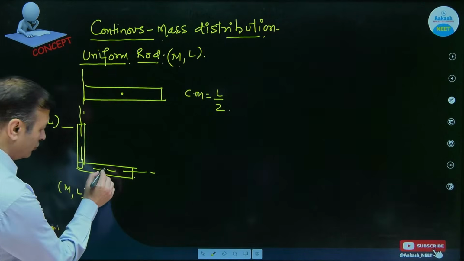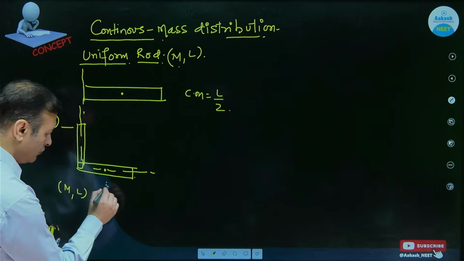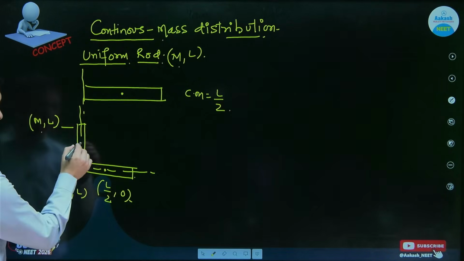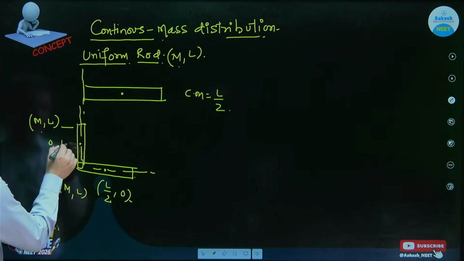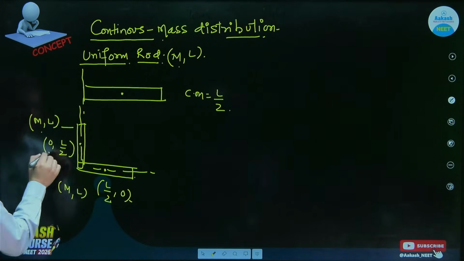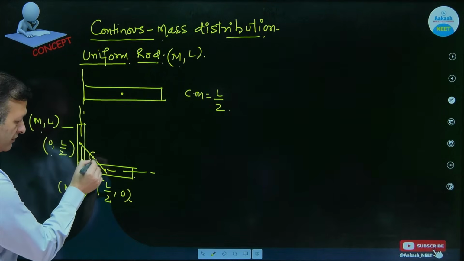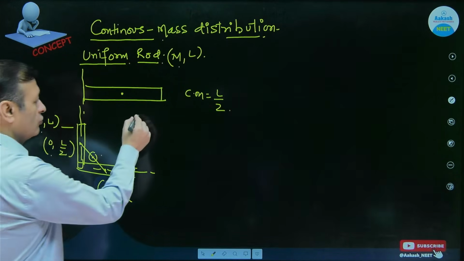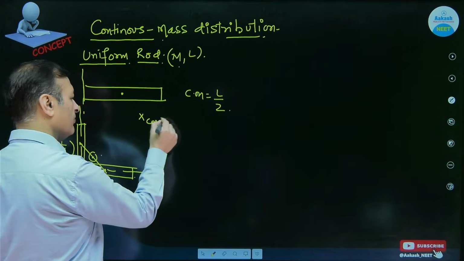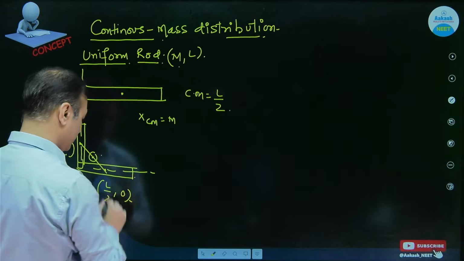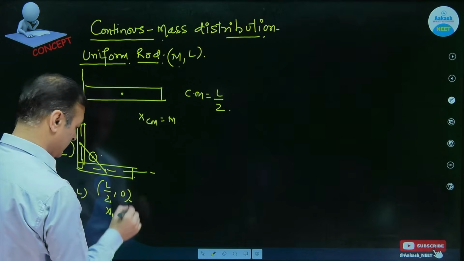Now we know this is L by 2 and its y coordinate is 0. For this rod, its x coordinate is 0 and its y coordinate is L by 2. So center of mass would be somewhere here only. So what is the x coordinate of the center of mass? So this is m1 and let's suppose this is x1 and this is y1.